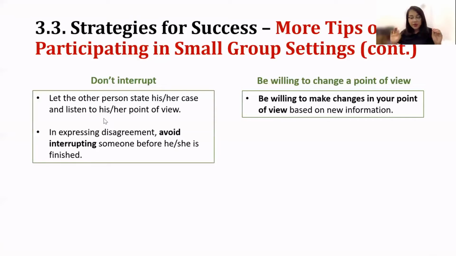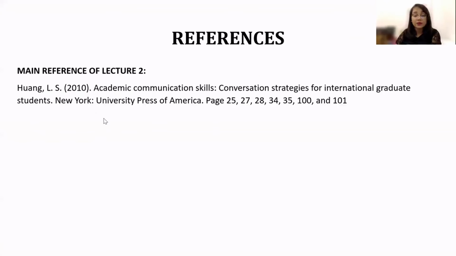And after that, we have discussed strategies for success, covering introducing ourselves to a group, tips on asking questions, and more tips on participating in small group settings, the one that we just finished. If you want to read more about the material for lecture 3, you can go to this book on those pages.